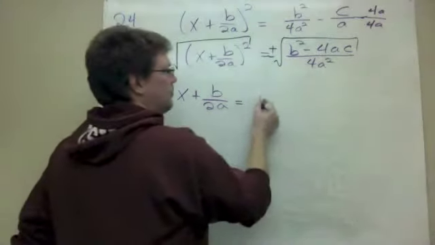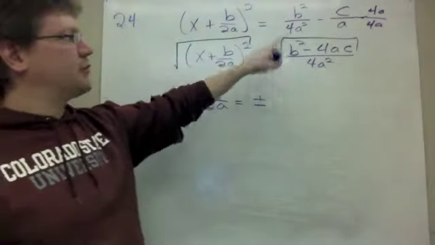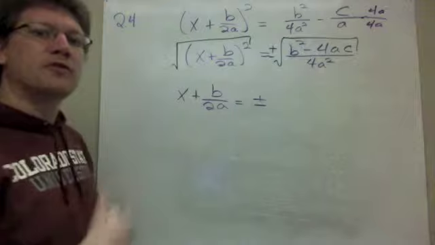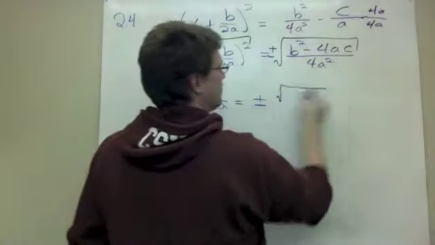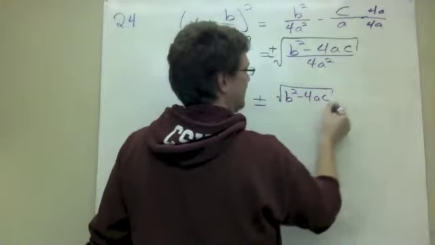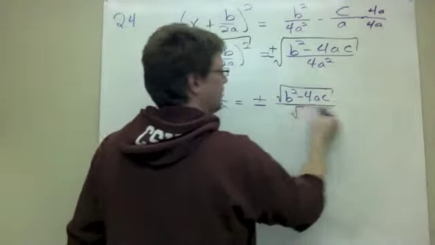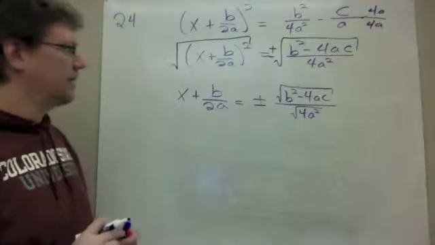This is equal to positive or negative the square root of this fraction, which we can do as the square root of the top over the square root of the bottom. Let's write it like that. So it's going to be the square root of b squared minus 4 times a times c over the square root of 4a squared. Okay?